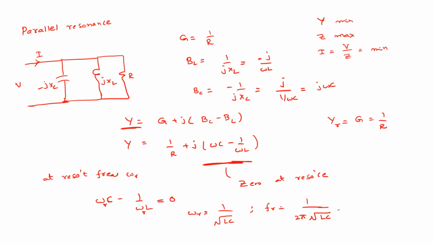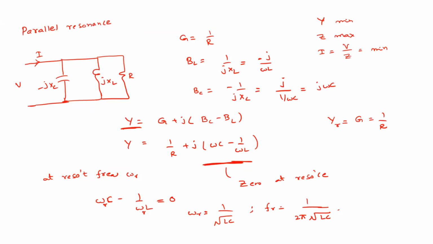Q times. Here the current through the inductor and the current through the capacitor is multiplied by Q times. So series resonance and parallel resonance are both analogous.